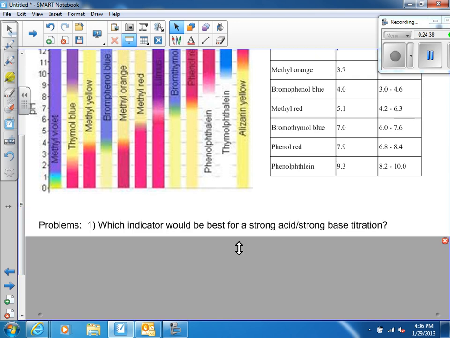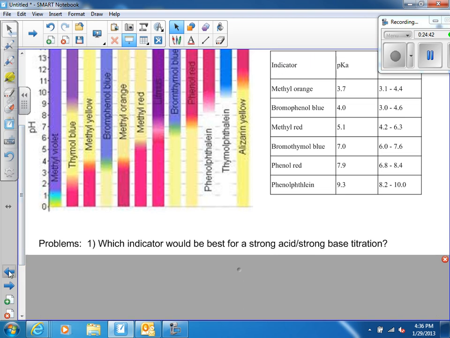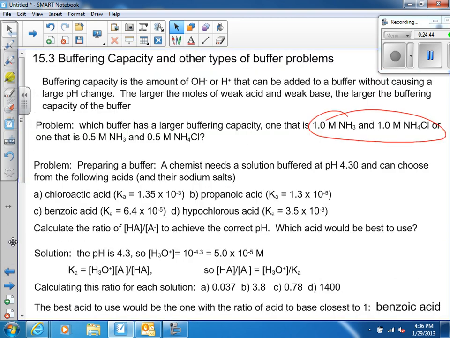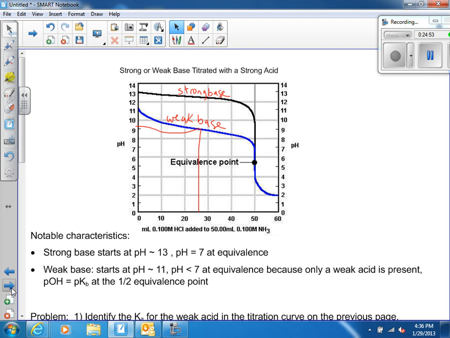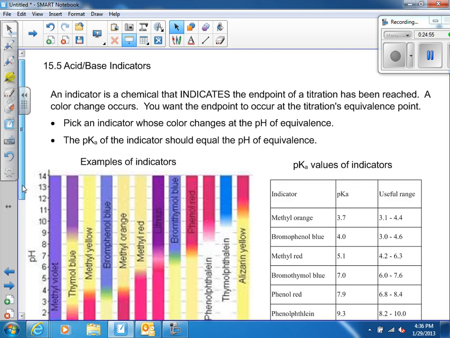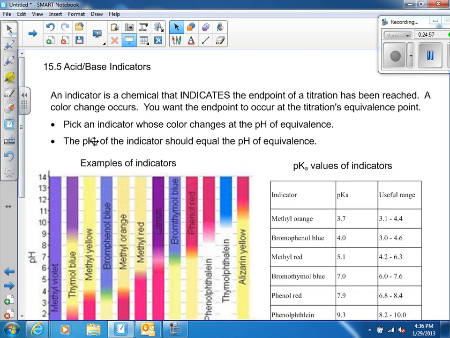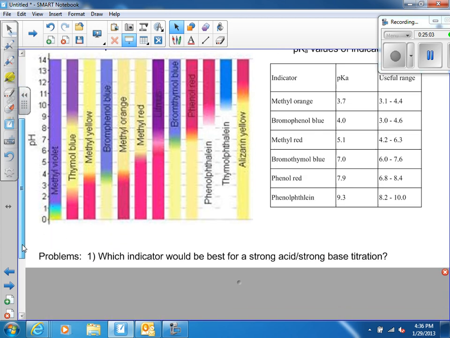Okay, so which indicator would be best for a strong acid, strong base titration? Let's go back and look at what we know about strong acid, strong base titrations. The pH is 7 at equivalence. Now if you can figure this out on your own, pause this, look at your notes, figure it out. You want a pKa to be about 7, because the equivalence point for a strong acid, strong base is 7.